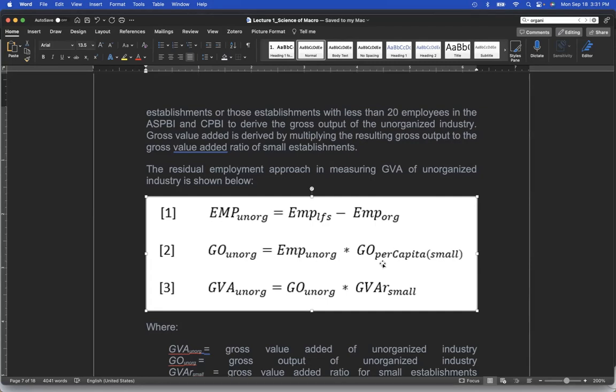Right? So this one really is an upper bound, I want to say, on the labor productivity of the unorganized group.